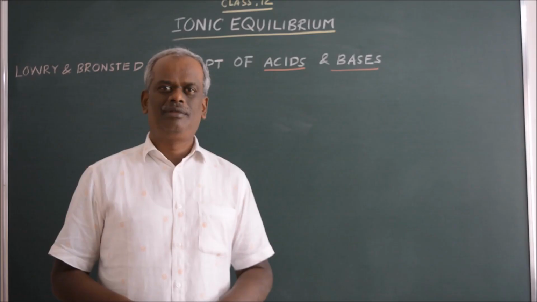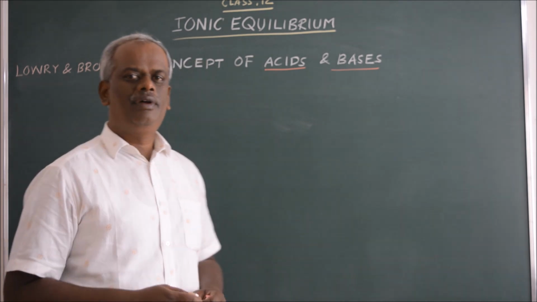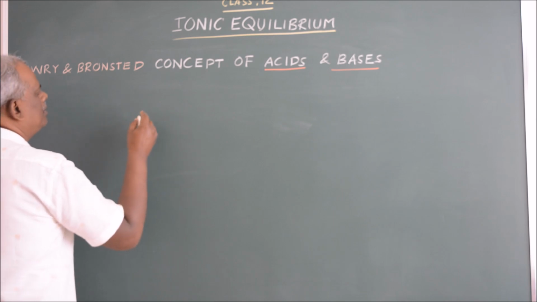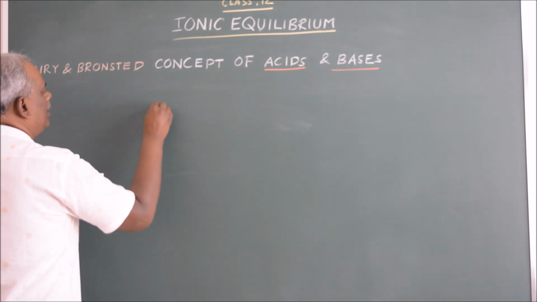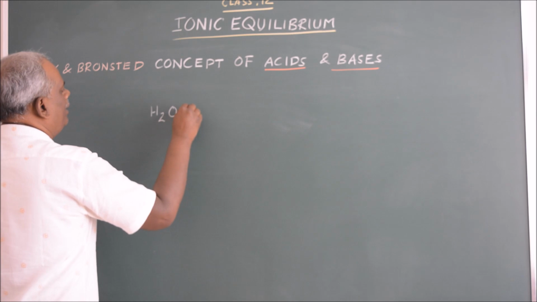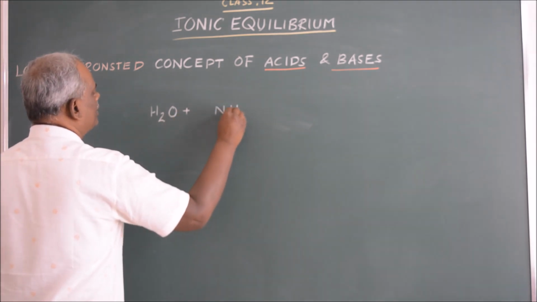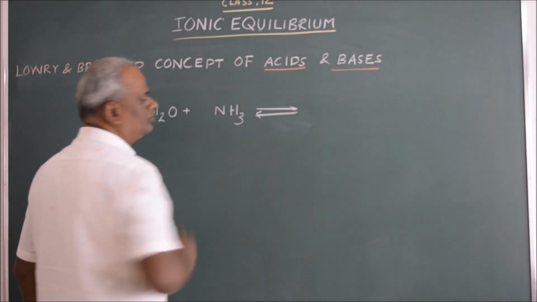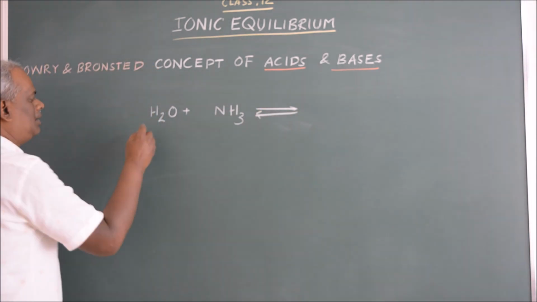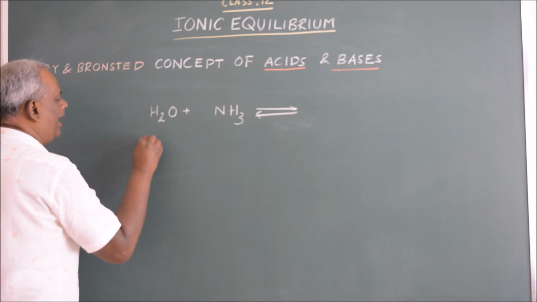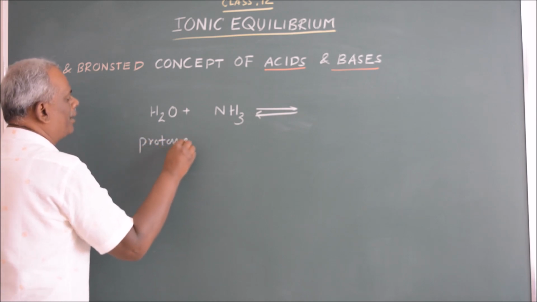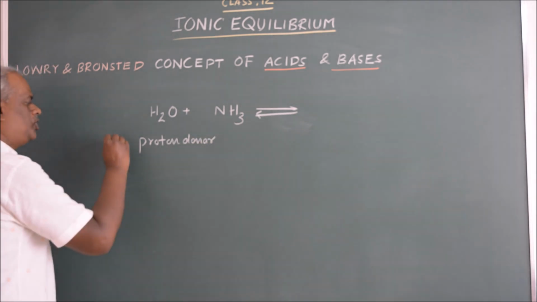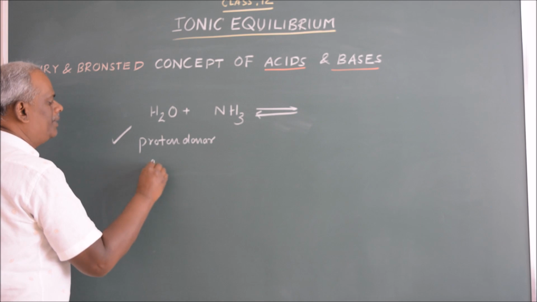Okay. The second example of Lowry Bronsted concept of acid and base. According to this, we can take H2O and NH3 combination, ammonia, which is getting dissolved in water now. Now the water is the substance which can act as a proton donor. The substances which are donating the proton are termed acid.